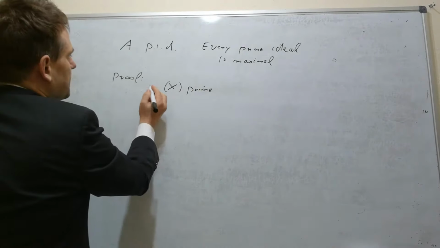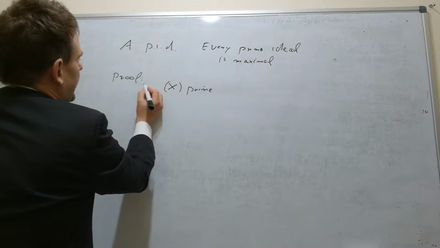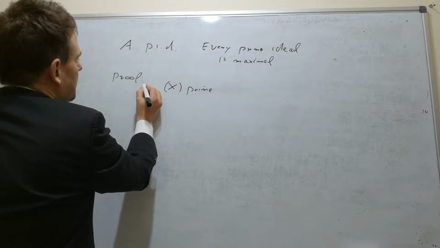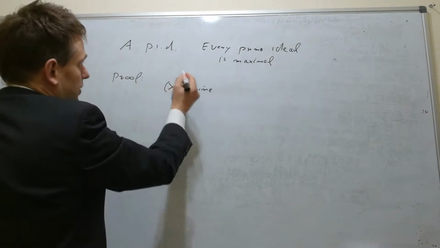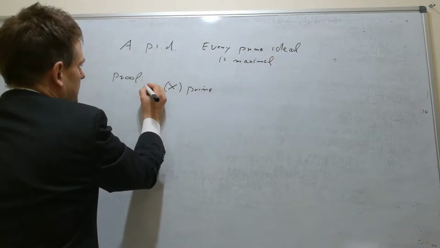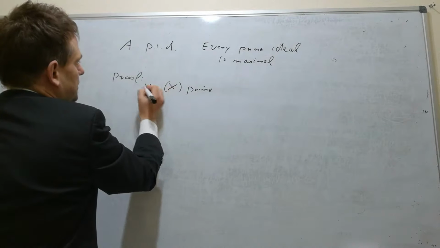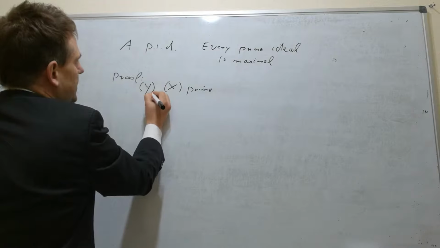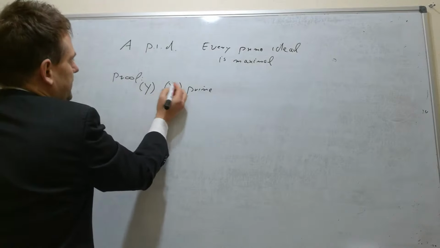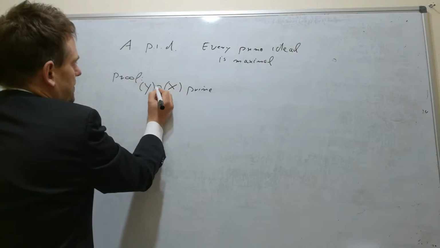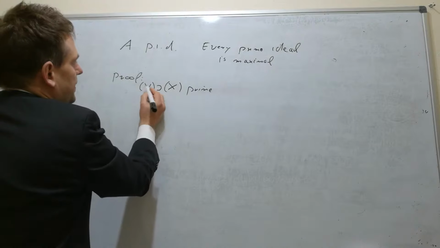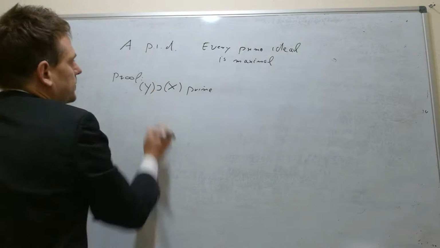And suppose that it is contained in another ideal, which is also generated by a single element. So this ideal generated by x is properly included. So this is a proper inclusion in the ideal generated by some element y.